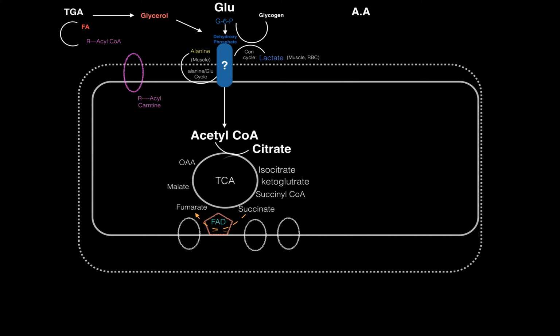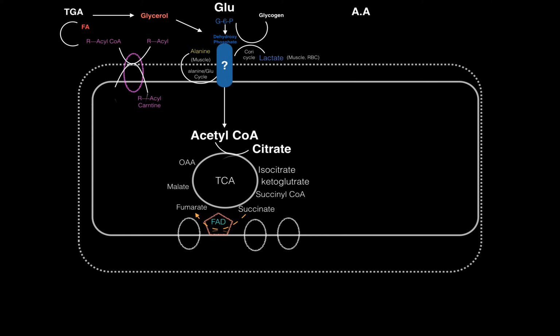How does this carrier protein carry acyl-CoA? We convert acyl-CoA to acyl; we remove the CoA, and in this process the fatty acid will form a structure called fatty acyl carnitine.